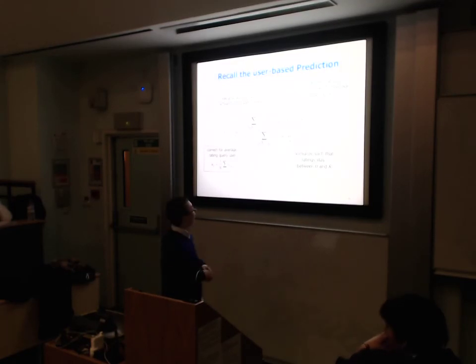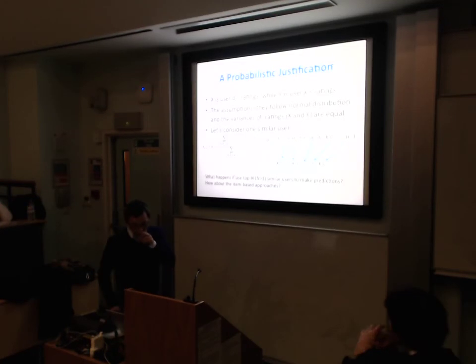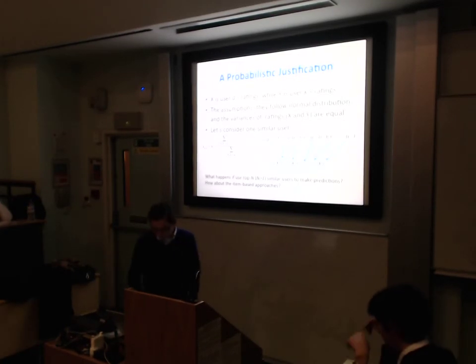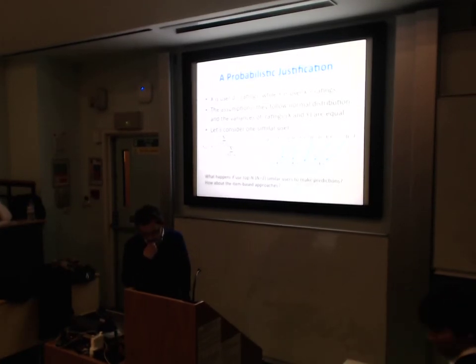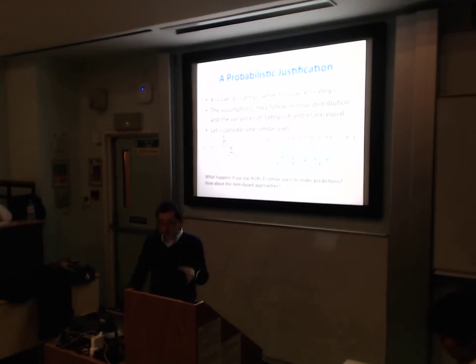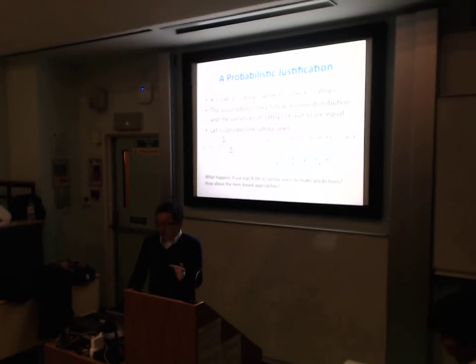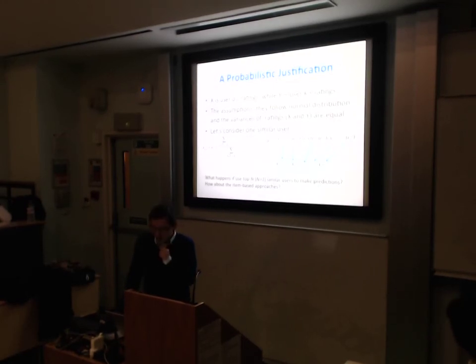This is the formula we have, right? And we can in fact build a correspondence. What we have is, we can consider x is a user's rating we want to predict, and y is another user's rating that we know already.